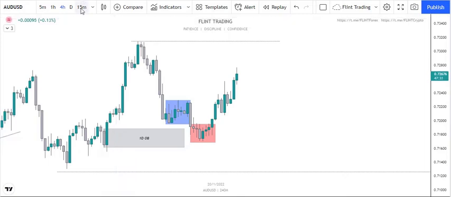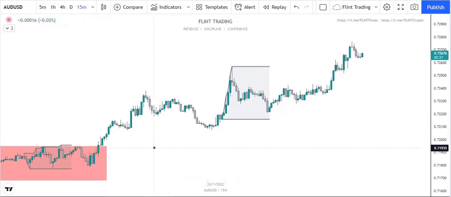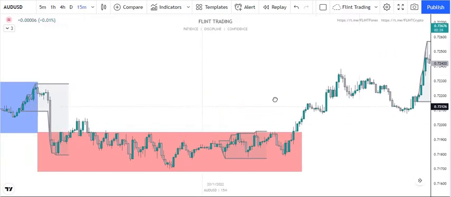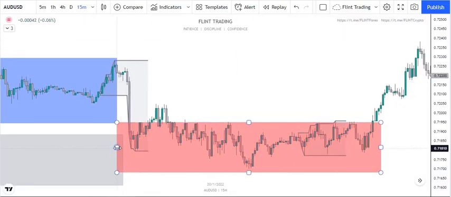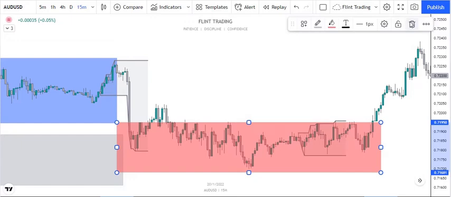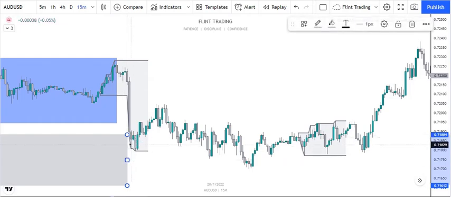So moving down to the 15-minute, just scroll that. Now let me just remove that. So this was the point where price first came into the zone. So this was our structural high, maybe this was our structural high, this was our structural low.